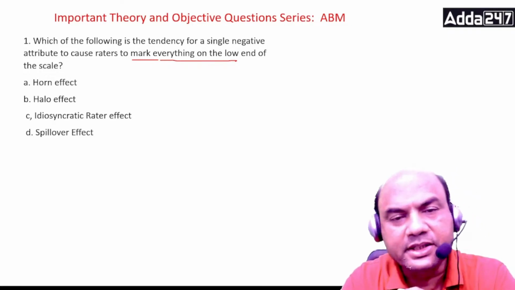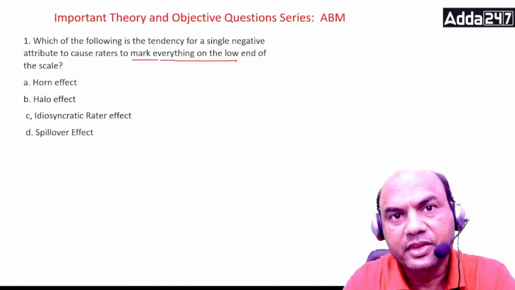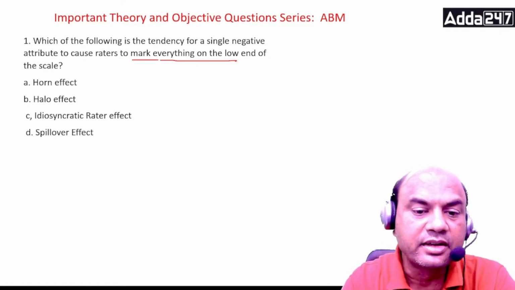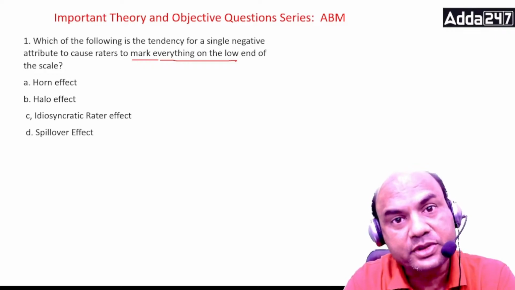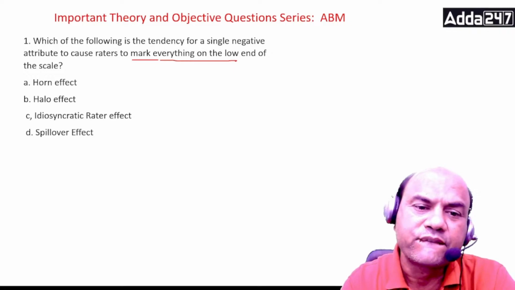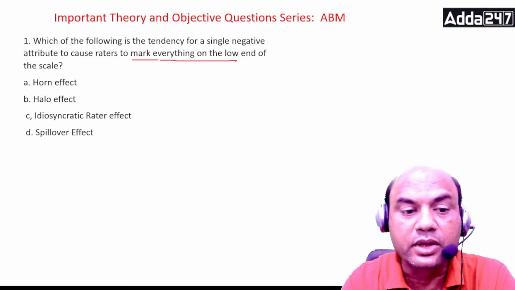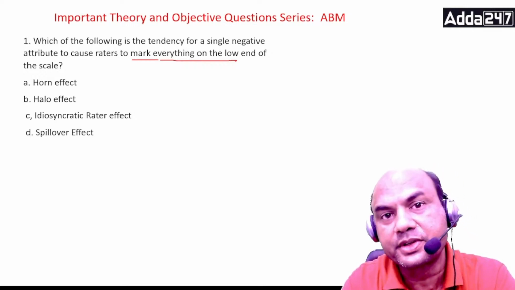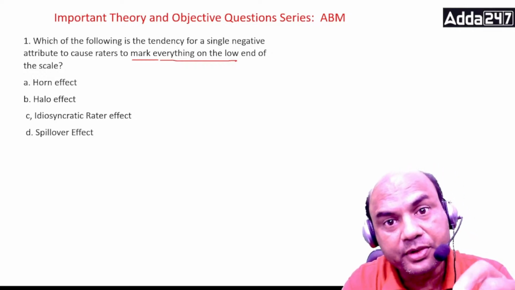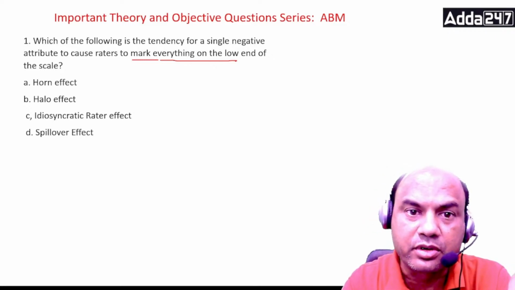Horn effect is basically a cognitive bias that can occur in the hiring process when the recruiter or the hiring manager attributes negative traits to the candidate based on a single negative observation. Only one observation is negative and the examiner says okay, now out.